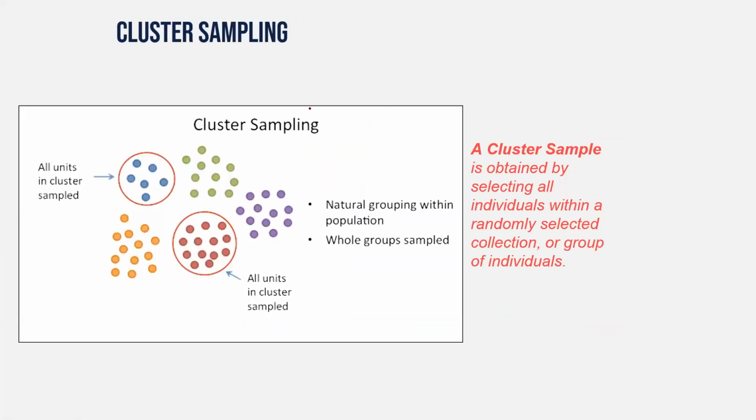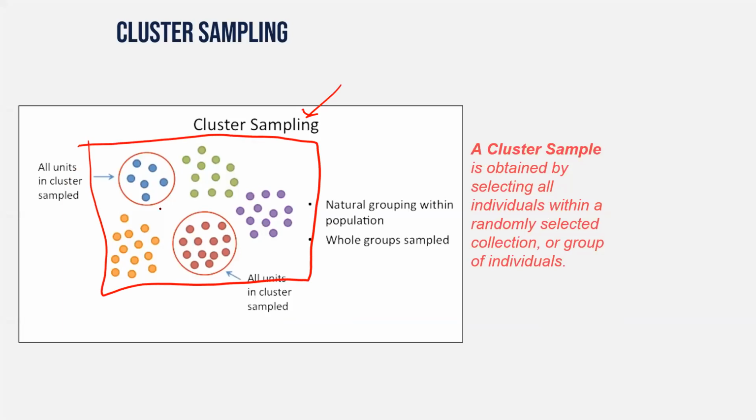Then there's a cluster sampling method. You take your population, imagine all these dots are different people, and you split your population into non-overlapping groups, just like stratified.